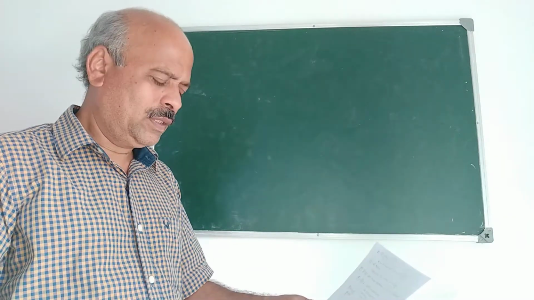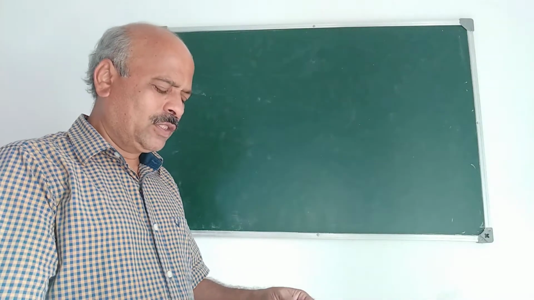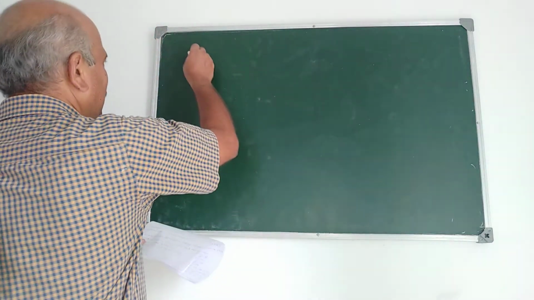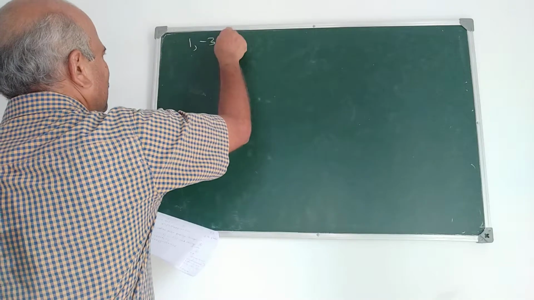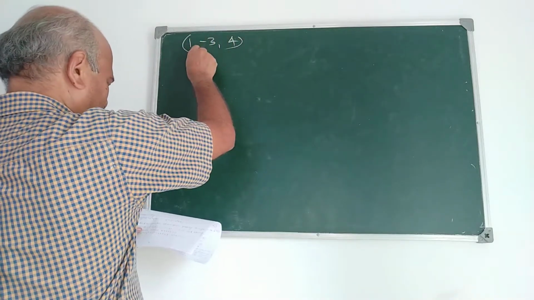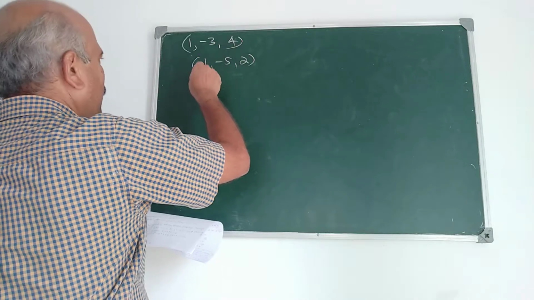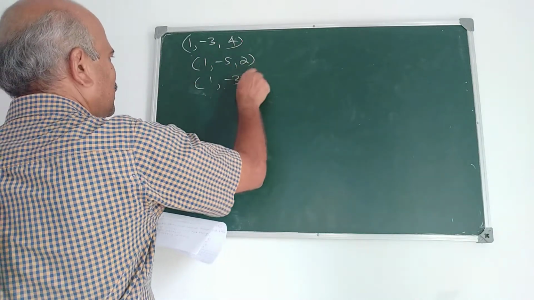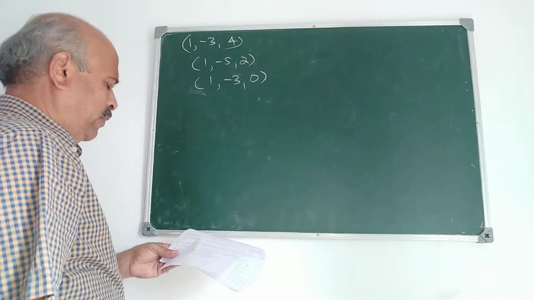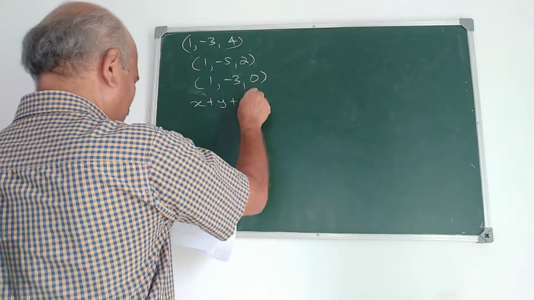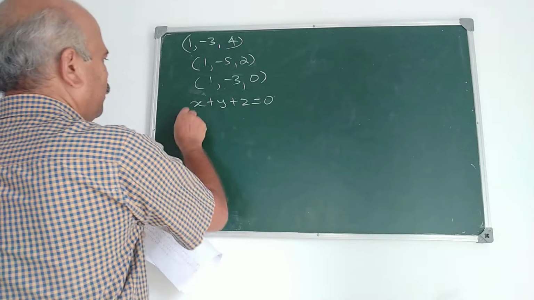You followed now? Find the equation of the sphere passing through the points. I leave this as an exercise. 1 minus 3 4, 1 minus 3 4, 1 minus 5 2, 1 minus 3 0, and having center on the plane x plus y plus z is equal to 0.